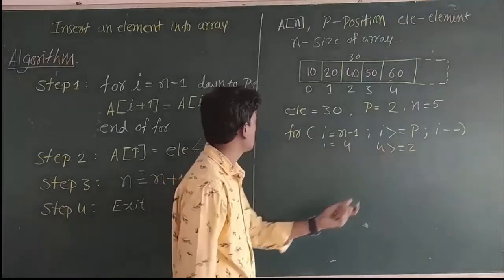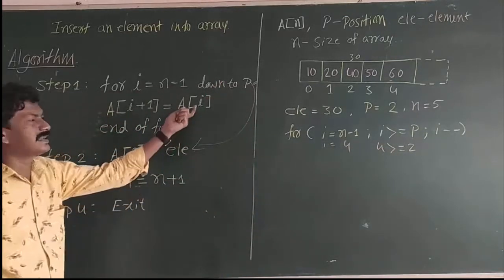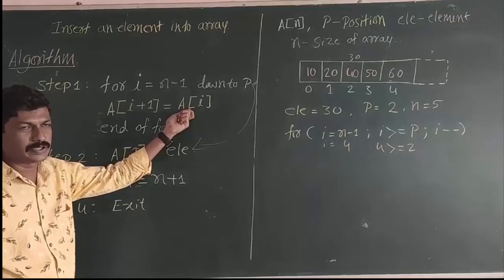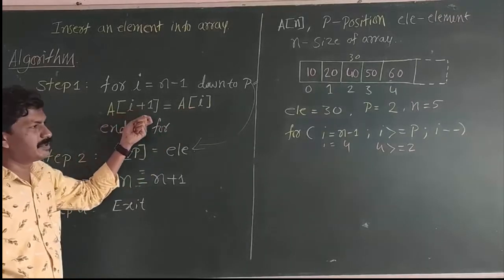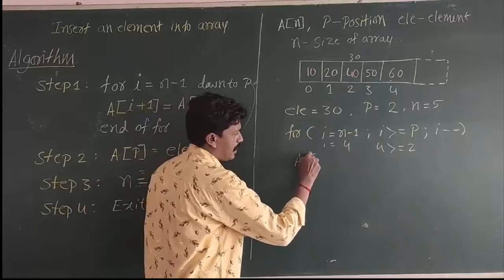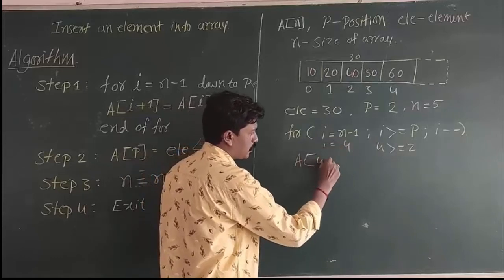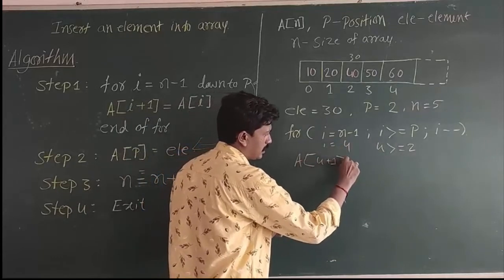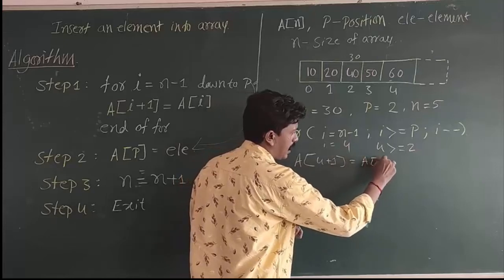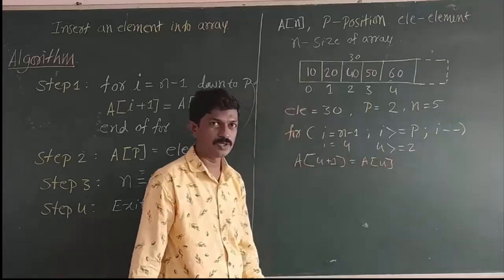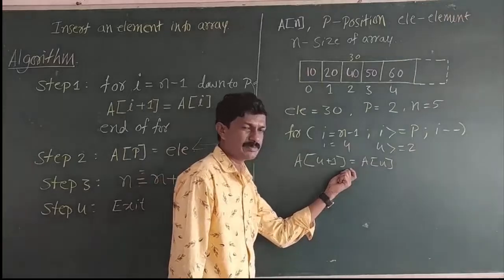Once the condition becomes true, control enters the loop: a of i plus 1, that is a of 4 plus 1, equals a of i, which is a simple assignment.